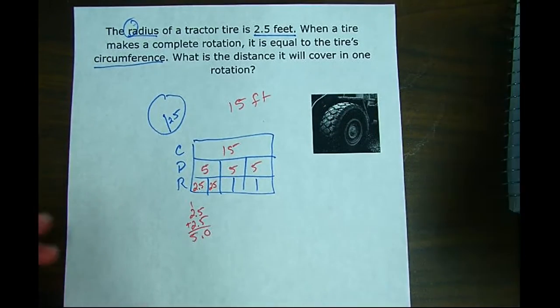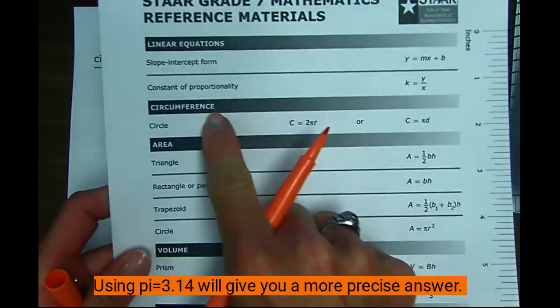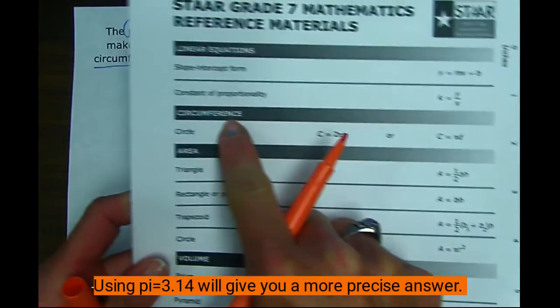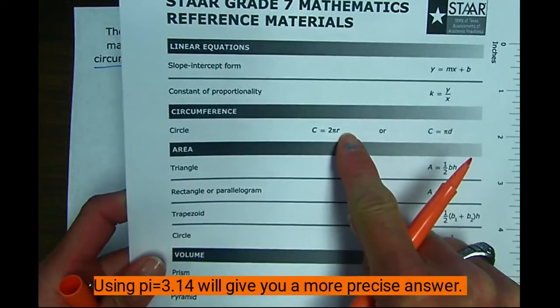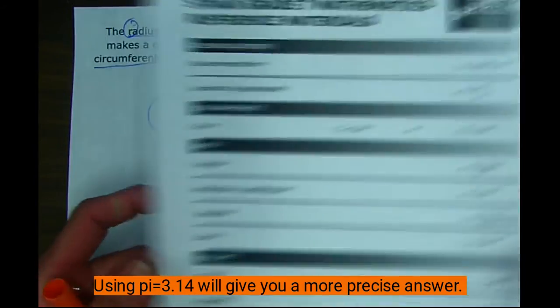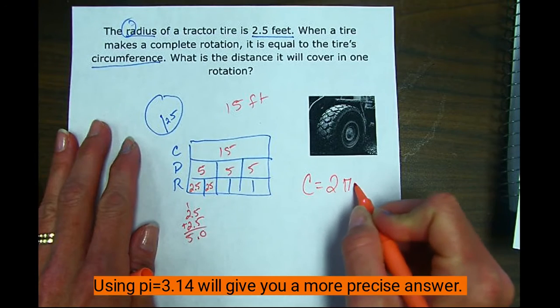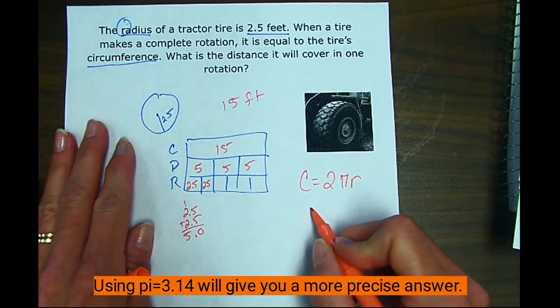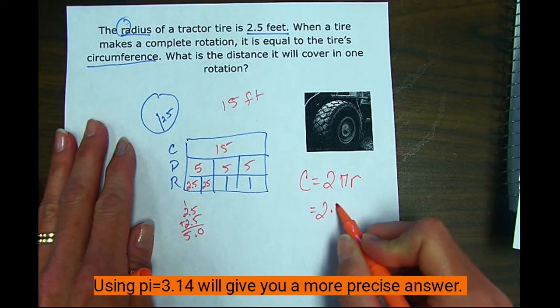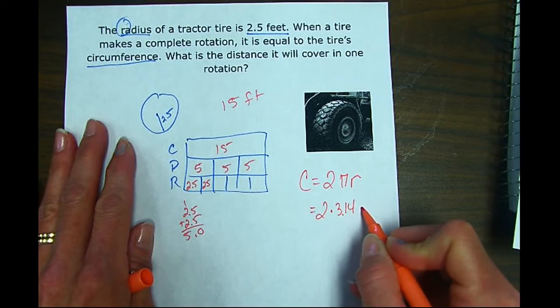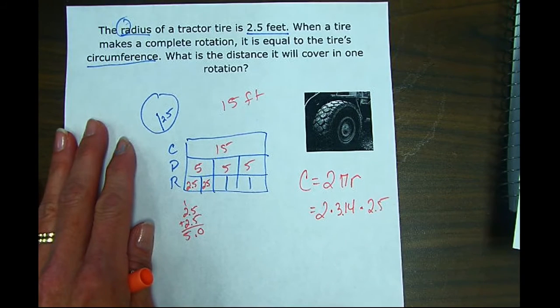Now, if you want a more precise answer, we're going to go to our star chart and we find circumference. We were given the radius, so we're going to go to the r. So we're going to use 2 pi r. That would be C equals 2 pi r. We would do 2 times 3.14 times 2.5.